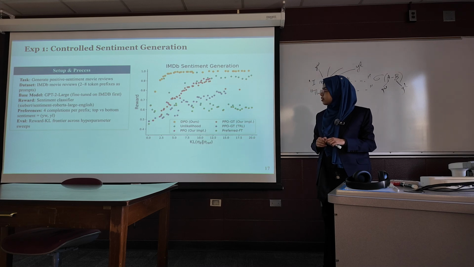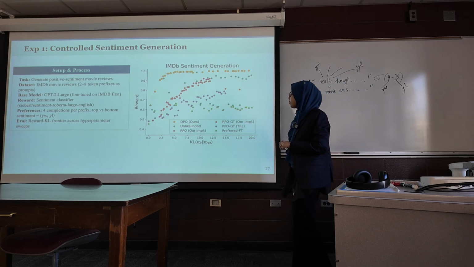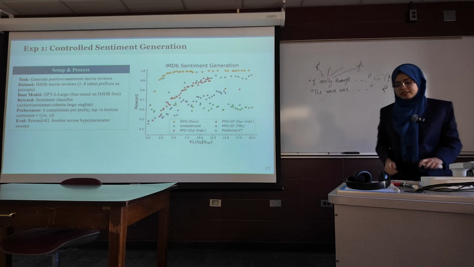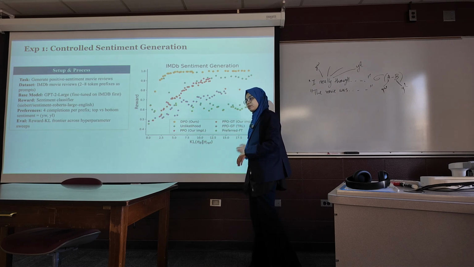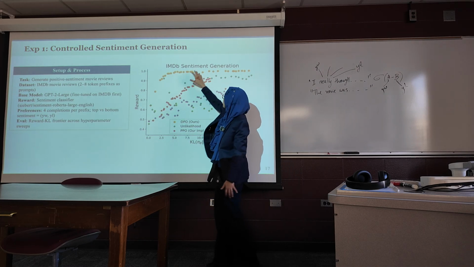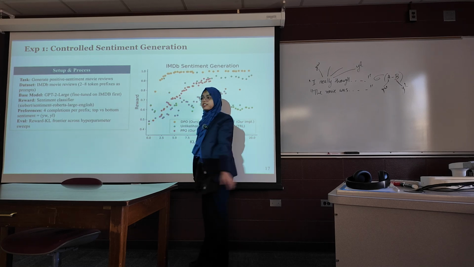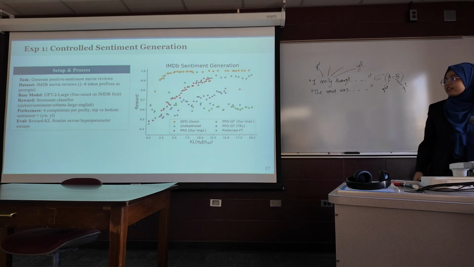The origin, or something on the left. When KL is 0, it means that your policy is still the reference policy. And when your policy is changing away from the reference model, the maximum reward score for the DPO lies within less diversity. At least I understood it this way.